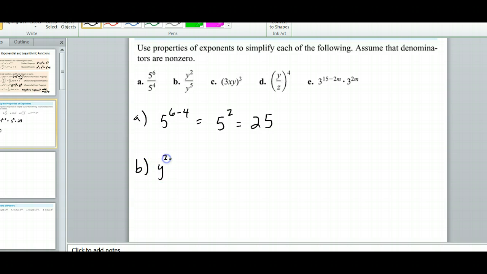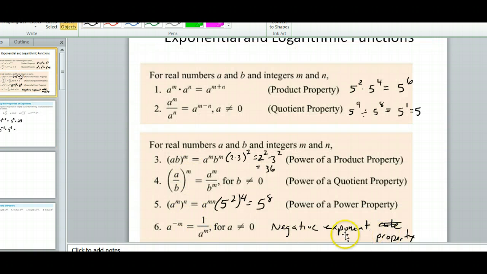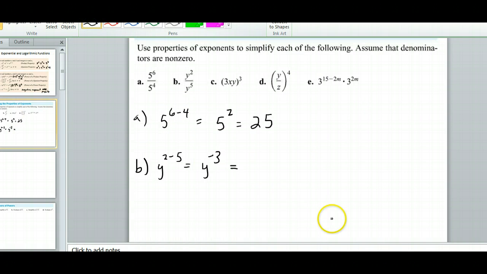That's y to the 2 minus 5, which equals y to the negative 3. Now, we never want to leave negative exponents, so we use the negative exponent property at the end to change that to a positive exponent. So that'll be 1 over y cubed.